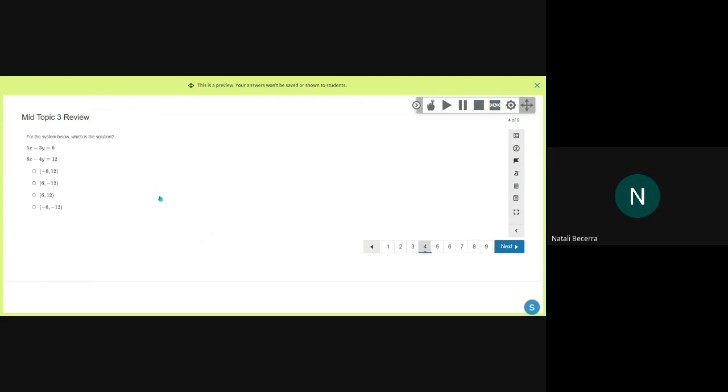So we're going to actually divide by negative 3 on everything. So it's going to be y equals negative 5 over negative 3x plus 6 over negative 3. Okay, and whenever I say over, that means like divided by.